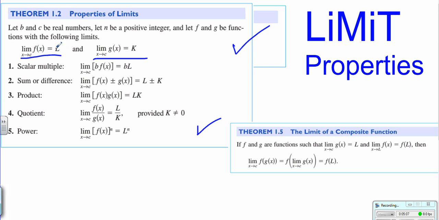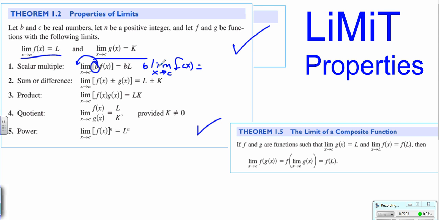The f function goes to L, so its limit is L, and then the g function is going to some value k. If I have a scalar multiple, so b is some real number multiplied by the function, then this b you could think of as coming out front. I would have b times the limit as x approaches c of f of x.